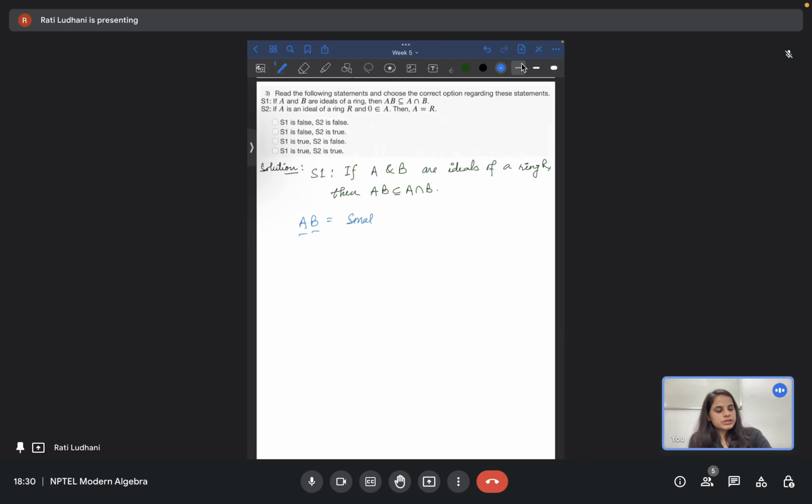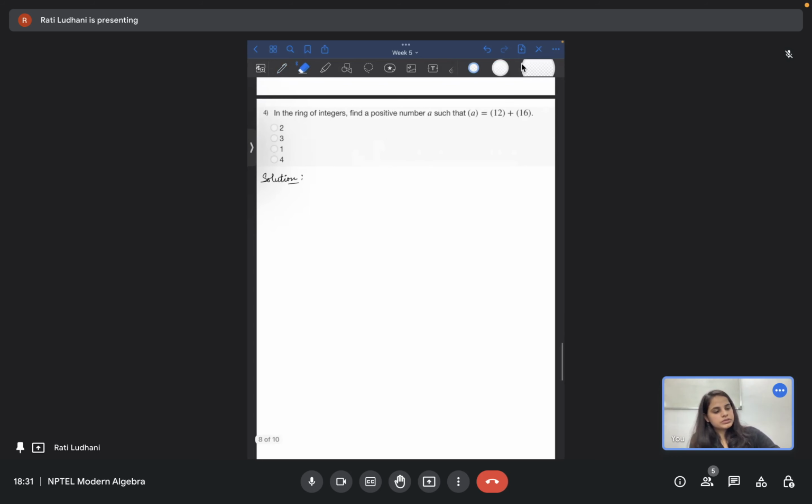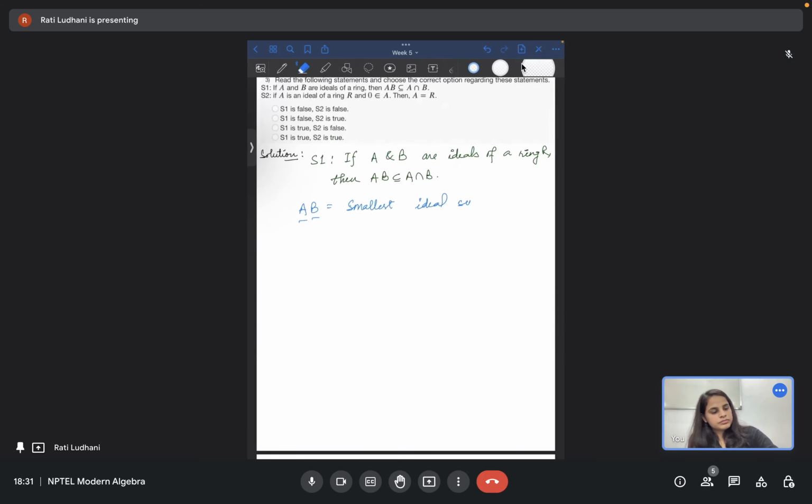This is the smallest ideal which contains the set ab such that a belongs to A and b belongs to B. So the ideal which contains the product of elements of A and B. The smallest ideal, that is your AB.